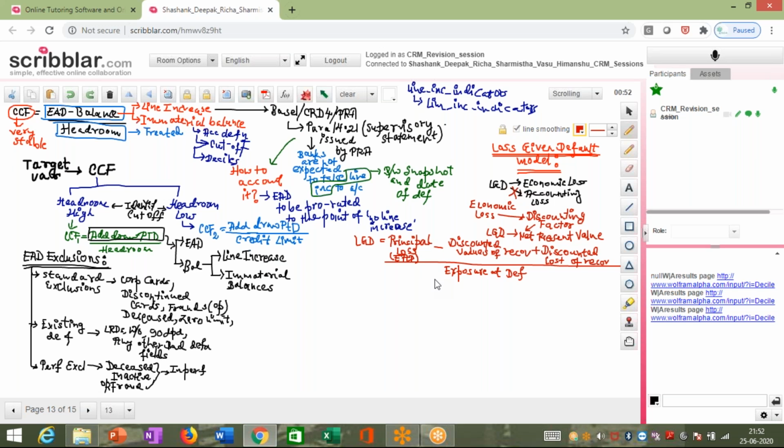Now, one very important thing that we need to understand is that it is this recovery portion which makes the LGD model totally different from all the other models.